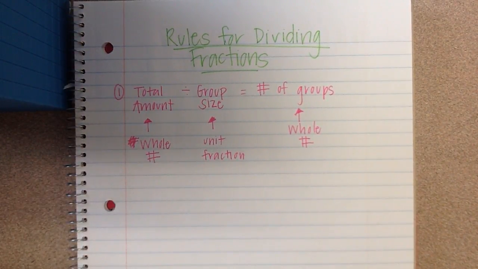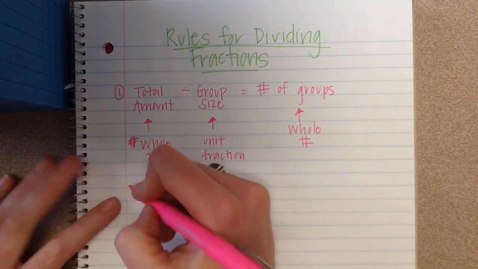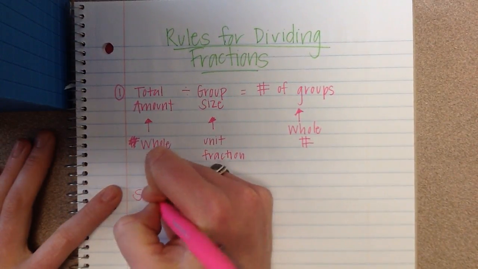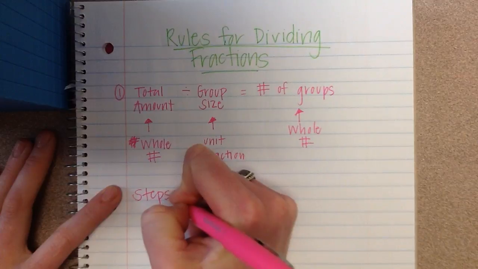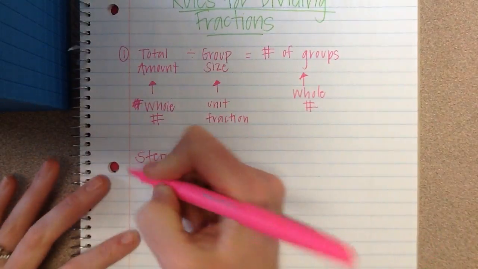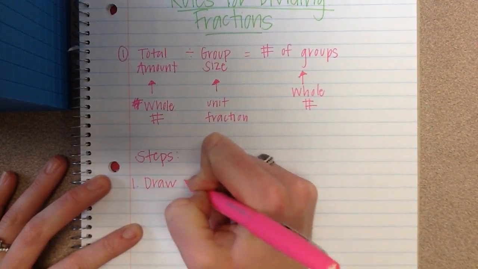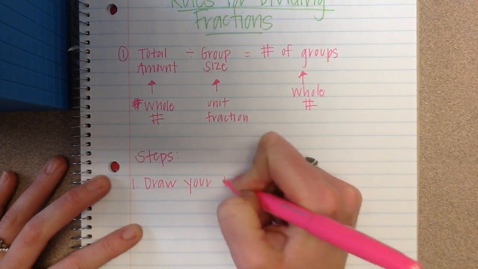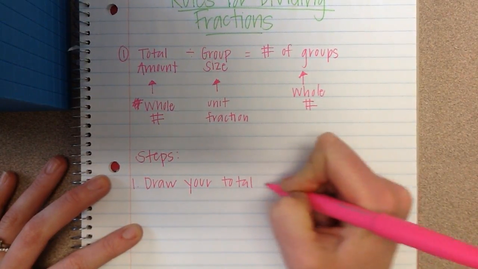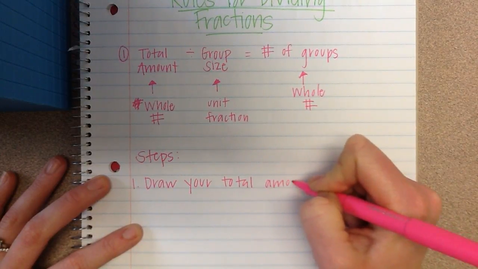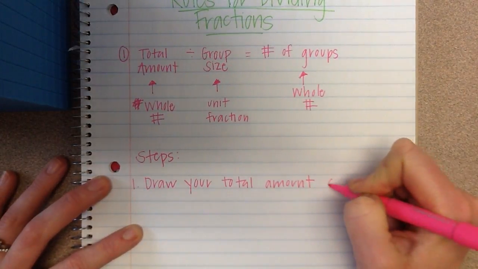Okay? So, these are the steps for doing these types of problems. Number one, draw your total amount out.